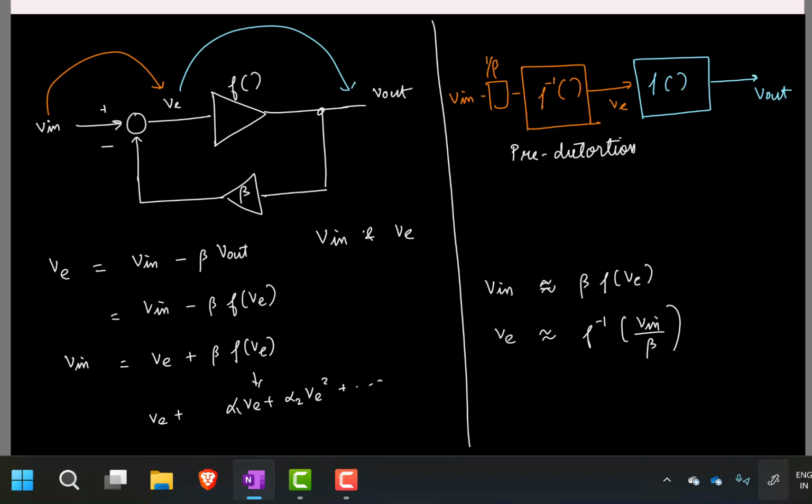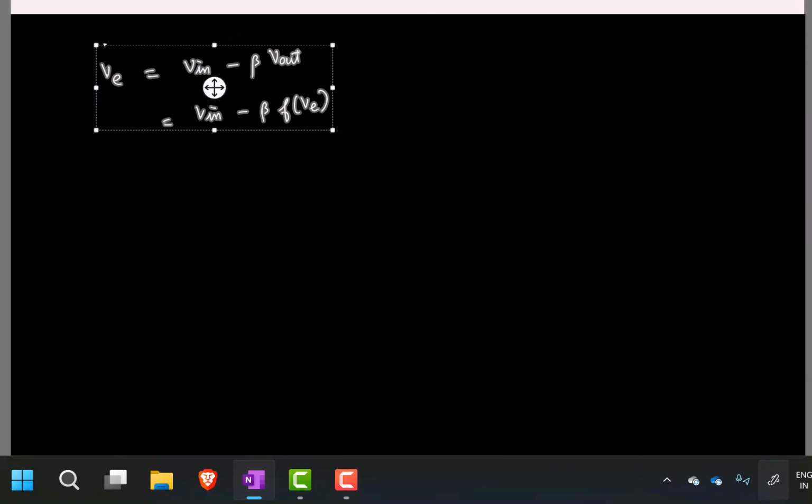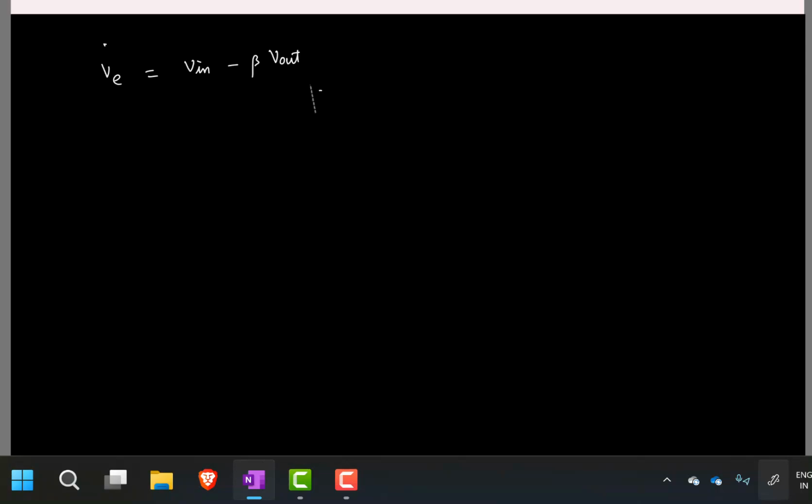And we can also actually understand it in different ways. So let's look at one other way. So these are the two equations we have, right? Now I'm interested to find what is V out for a given input voltage. So it looks like I have two equations in V out and VE.